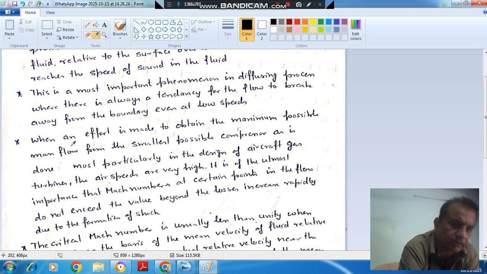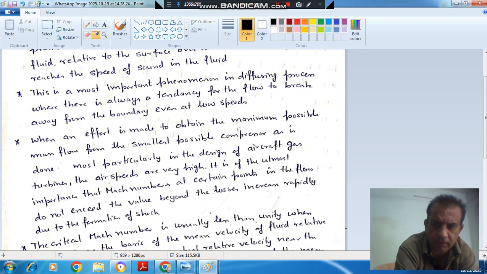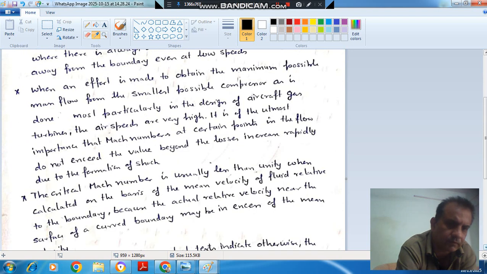So when an effort is made to obtain the maximum possible mass flow from the smallest possible compressor, as is done most particularly in the design of aircraft gas turbines, the air speeds are very high. It is of utmost importance that the Mach number at certain points in the flow does not exceed the value beyond which the losses increase rapidly due to the formation of shock. So the relative Mach number should be less than 1.